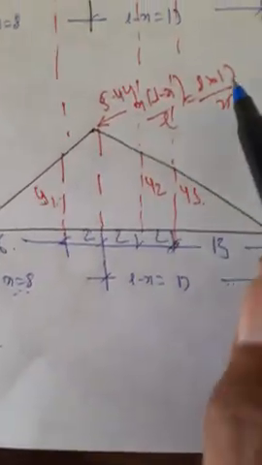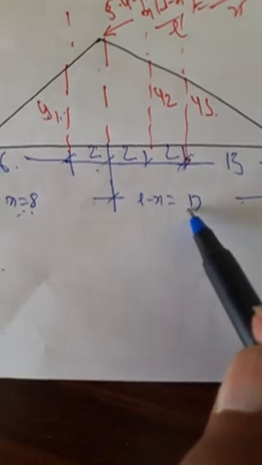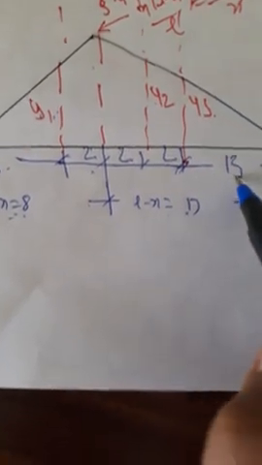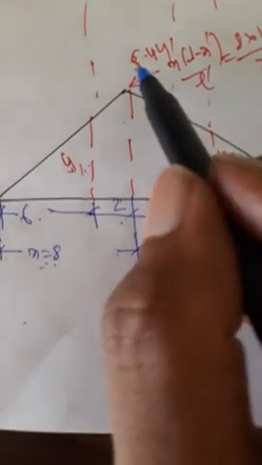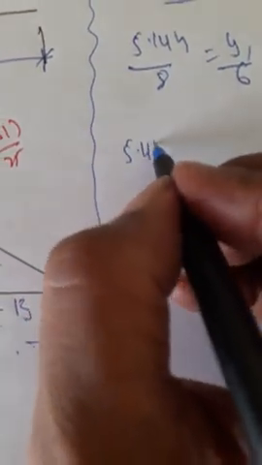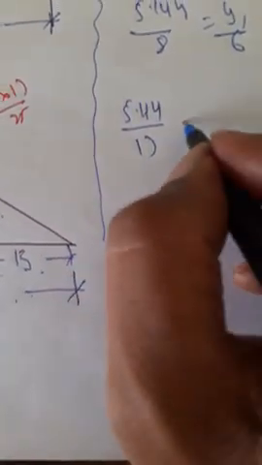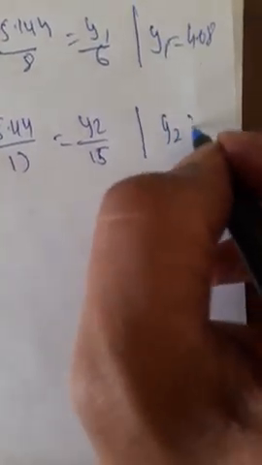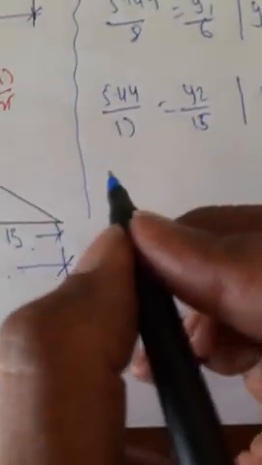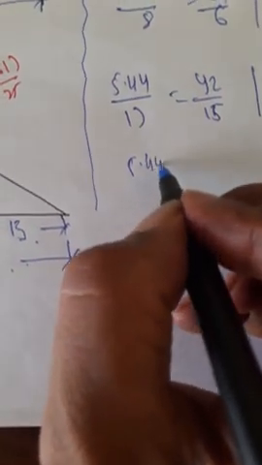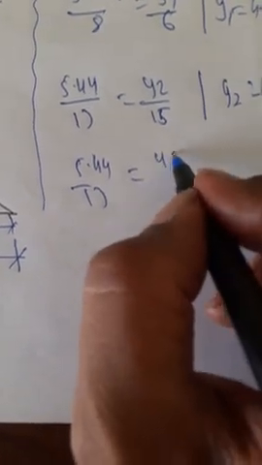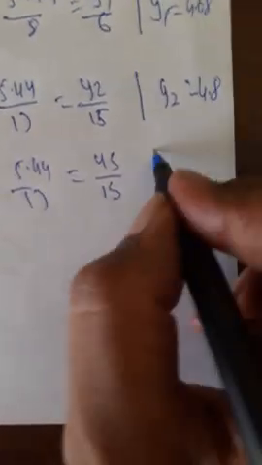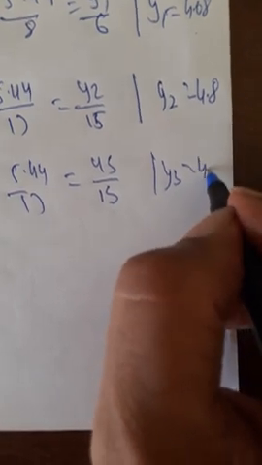Similarly, 5.44 divided by 17 is equal to y2 divided by 13 plus 2, that is 15, or y2 is equal to 4.8. Similarly, 5.44 divided by 17 is equal to y3 divided by 13, or y3 is equal to 4.16.